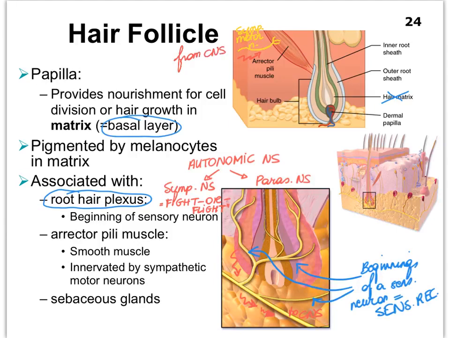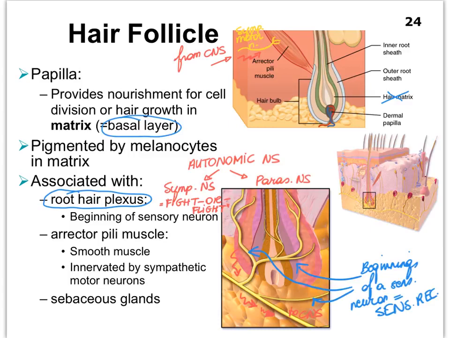So the CNS is sending out its commands in the form of electrical signals, and the electrical signals are now going towards our effector. I'm hoping that you're remembering your homeostatic control mechanism. So the root hair plexus, the beginning of a sensory neuron, senses the environment, while motor neurons are going to stimulate effectors to do something. And in this case, contraction of our erector pili muscle.